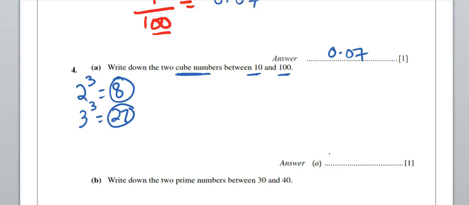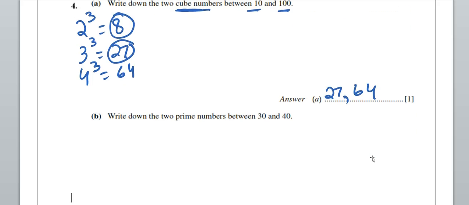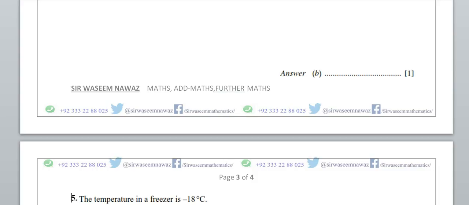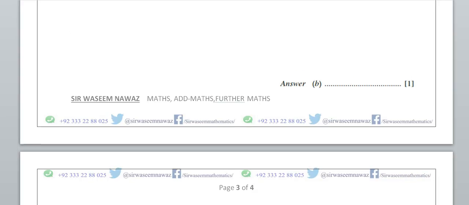So our first number is 27. Our second number may be 4 cube, which is 64. So these are the two cubes between 10 and 100.